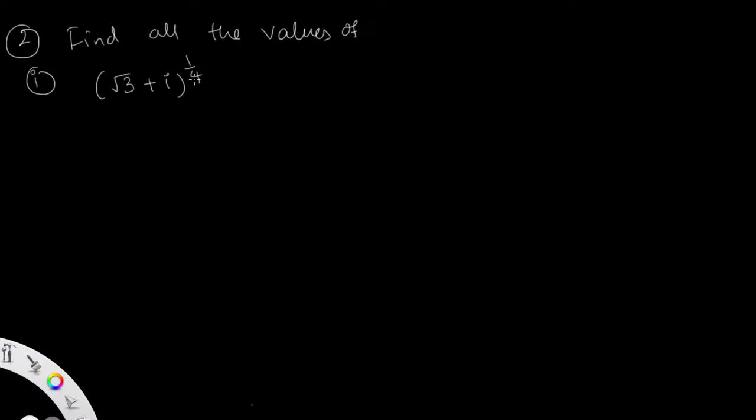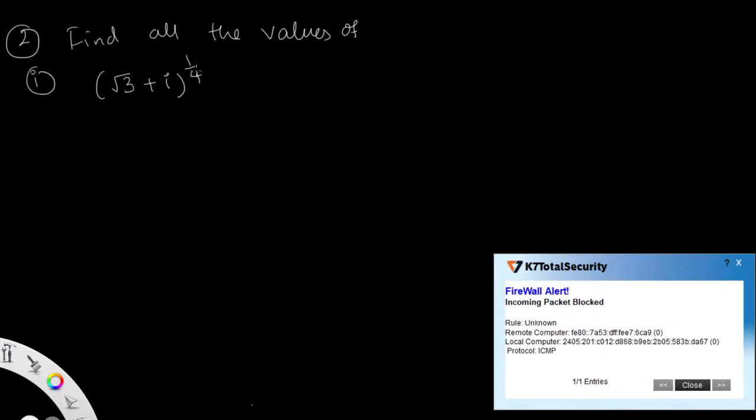What is the difference between the previous problem and this one? In the previous problem only real numbers were given, but here the power is given as 1/4, 1/3, 1/5, which means fourth roots represent 4 values. Before, n was a positive integer, and here it is also in p by q form.